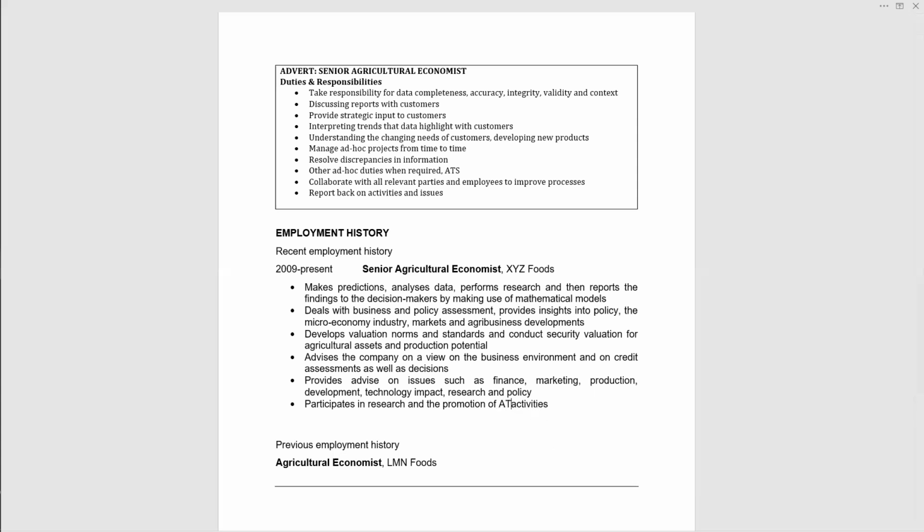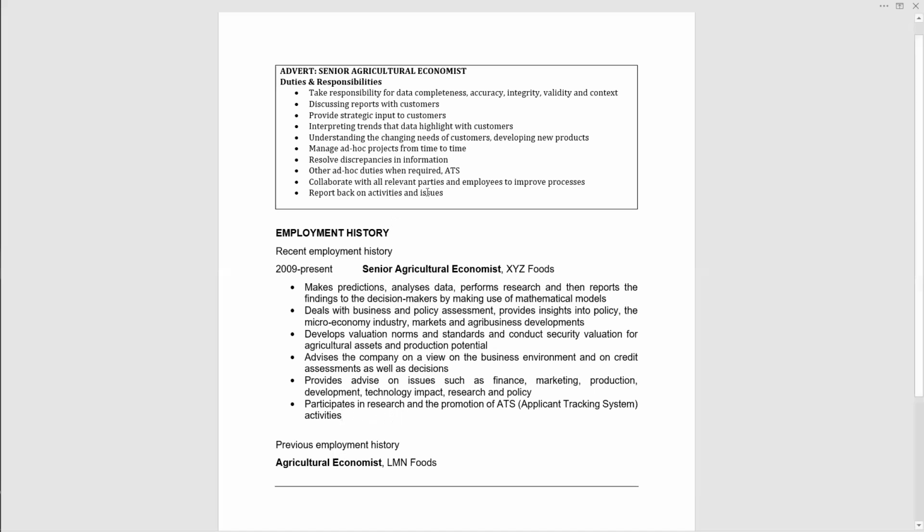This is just for example, guys. And then you can have ATS activities, and if you like, you can just write it in full, because mostly before they reach the hiring managers, they first have to go through the recruiter, and the recruiter may, in most cases, not know what ATS stands for.